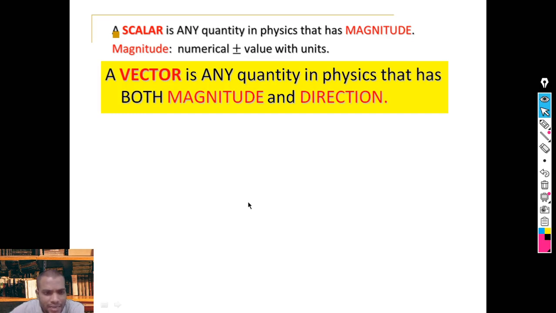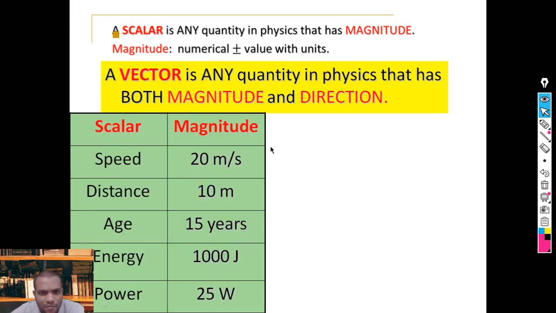In physics, direction is very important. If you neglect the direction, we will be stuck in finding the resultants. So the physical quantities which have both magnitude and direction are known as vectors.